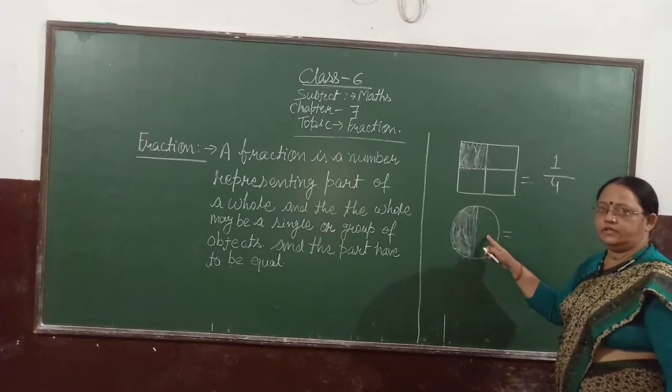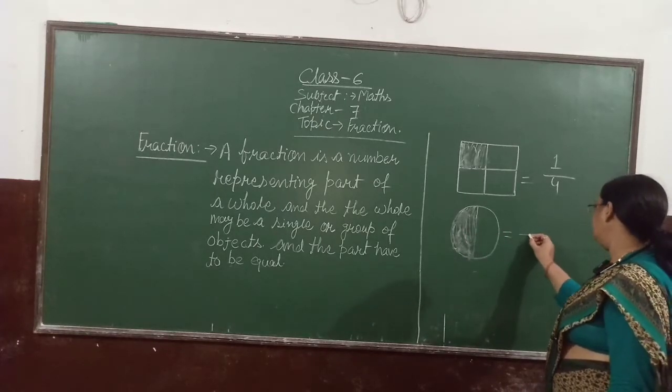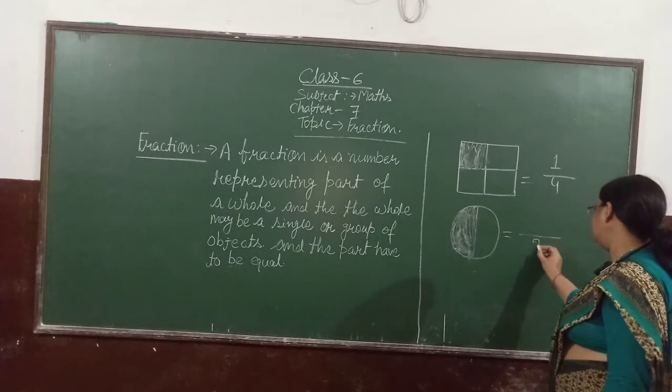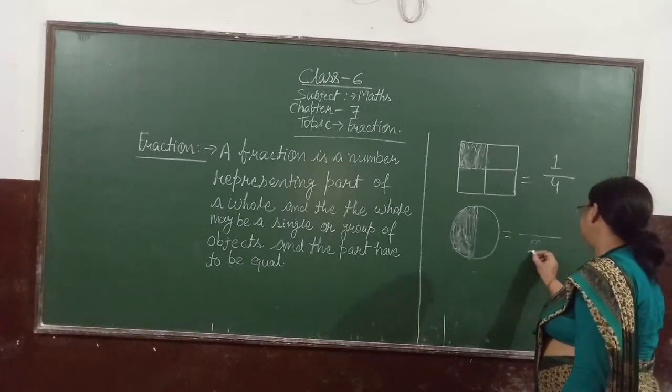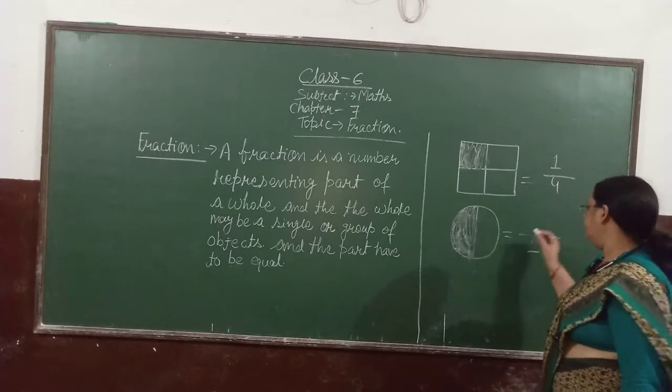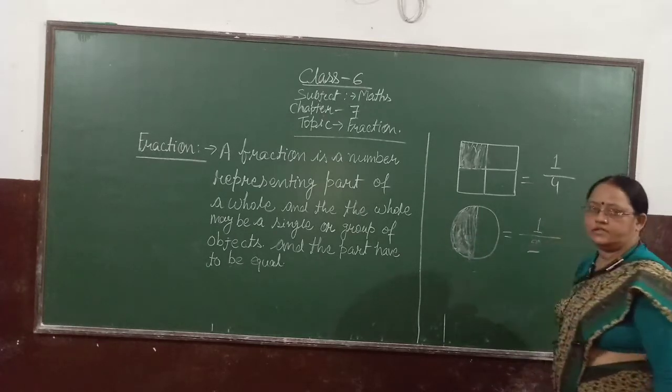How many parts are in the circle? 2. This is the whole, so we write it in the denominator: 2, and the shaded part 1 in the numerator. This is the half.